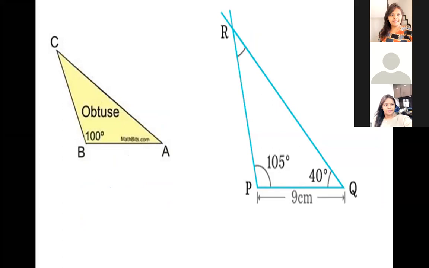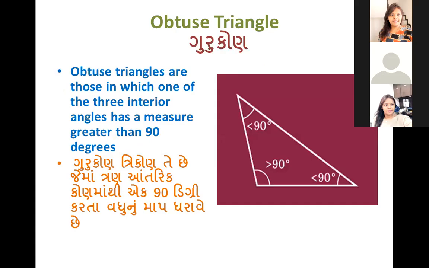If at least one angle is greater than 90, it's called obtuse. The difference between acute and obtuse is: acute means all 3 angles are less than 90, obtuse means at least one angle is greater than 90. It gives you an obtuse triangle.